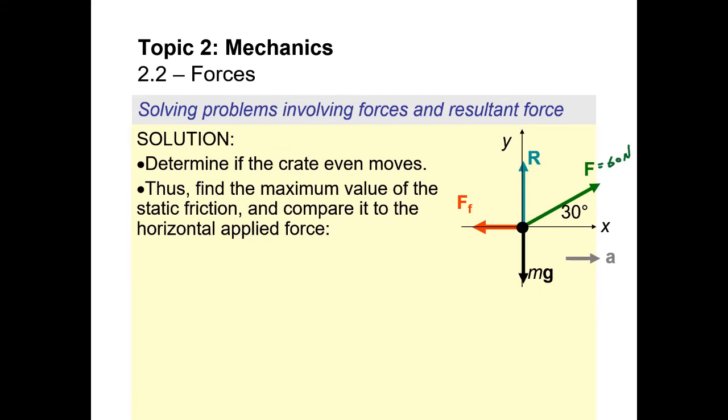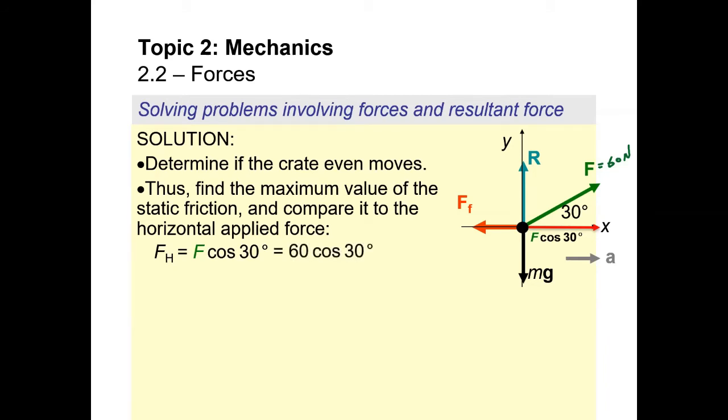Let's find the maximum value of the static friction and compare it to the horizontal applied force, F cosine 30 degrees. If the horizontal applied force is larger than the friction, then the object moves.